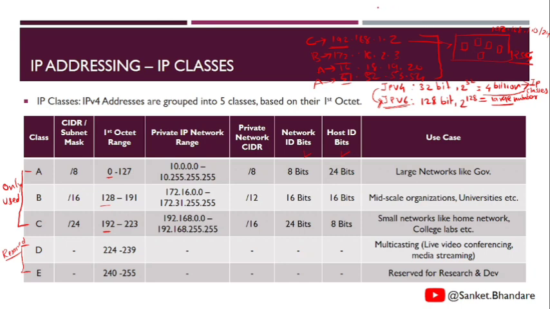Whenever there is any data, let's suppose my friend has sent some WhatsApp message to me. That message will first get delivered to some router on the internet, and through routing it will reach my network first. My network will decide what the host ID is, so it will check the destination IP and based on that destination IP it will forward that data to my device. So this is like a high level overview.